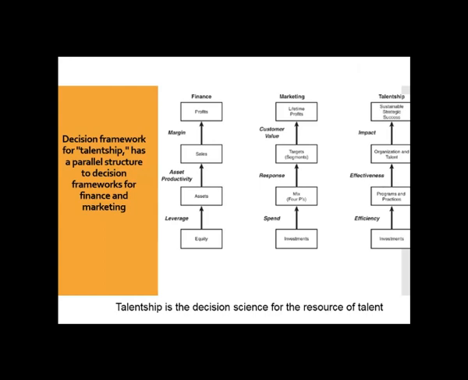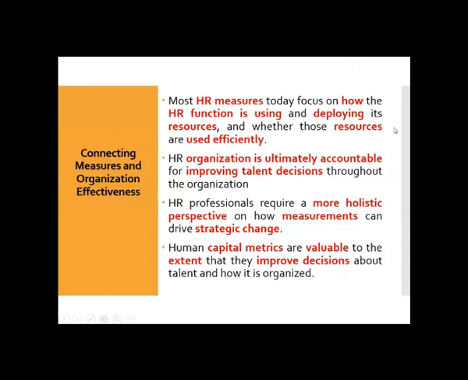They don't have attrition, but the problem is they have employees who are settled very well, so they want to get more results. Say, if a company sets an ambitious project, the people do not have the capability to meet those stretched targets. The organization is ultimately accountable for improving talent decisions.